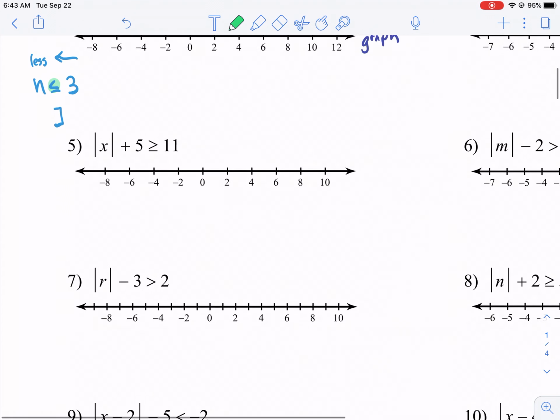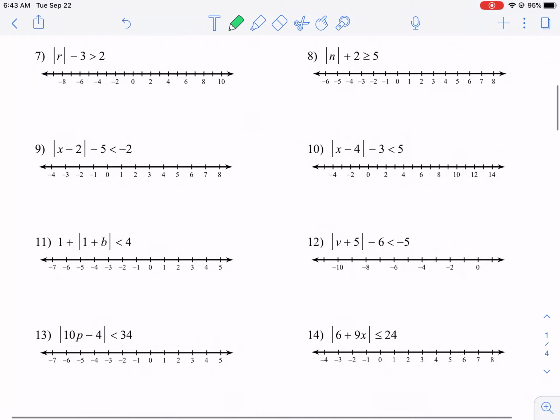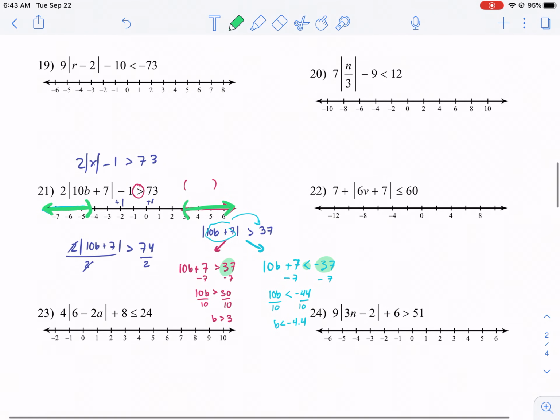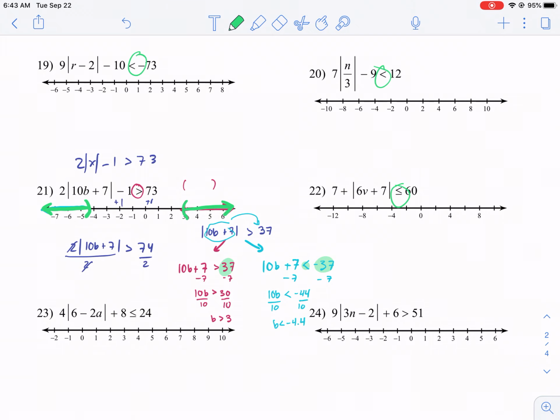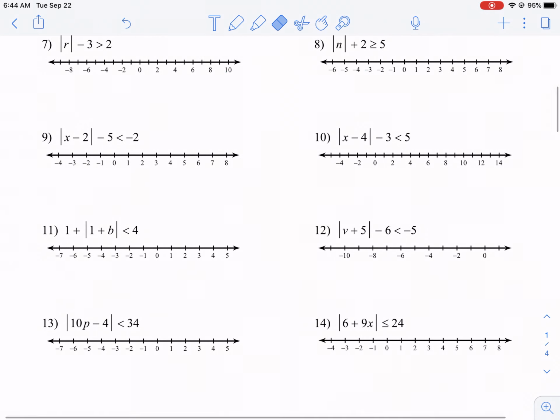Whereas anytime you have an absolute value less than a number, you're going to have an overlap and it's going to be in between values, okay? So that's an important distinction there. So this one you're going to have in between, in between, in between. Split, you're going to have it going in opposite directions. Okay, so hopefully you guys get an idea of what to do with this one. Again, you just want to do reverse order of operations.